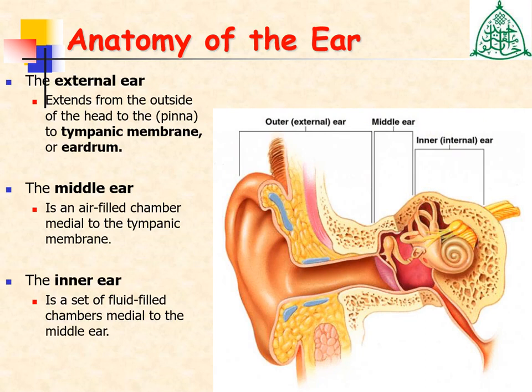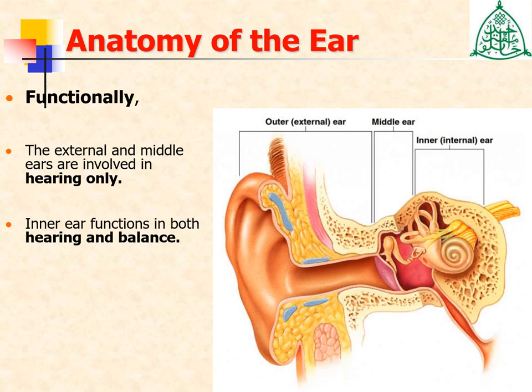The external ear extends from the pinna or the auricle to the tympanic membrane, also called the eardrum, while the middle ear is an air-filled chamber medial to the tympanic membrane, and the inner ear is a set of fluid-filled chambers medial to the middle ear.